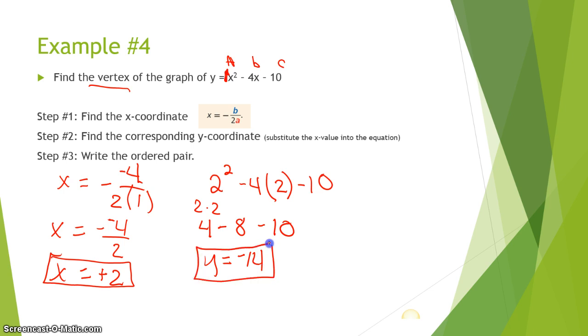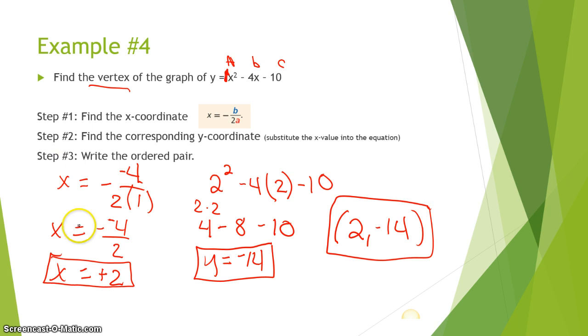So I've now found my x, I've found my y. Now we need to write my ordered pair, which is going to be 2 comma negative 14. So notice all the steps I did here to help solve this. This was step 1, step 2, and step 3. You do need to show all of that when you're doing bookwork for this section.